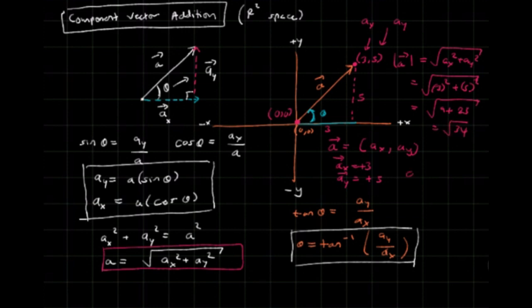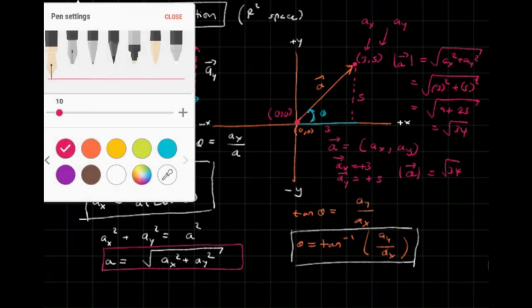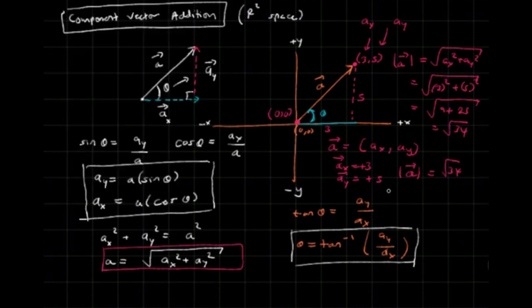Okay, so the magnitude of vector A here is square root 34. Right? If you want to figure out its location in the Cartesian plane, if you want to find theta, you just use the tan ratio. Right? Theta here is the tan inverse of ay over ax, which is basically theta is equal to the tan inverse of 5 over 3.